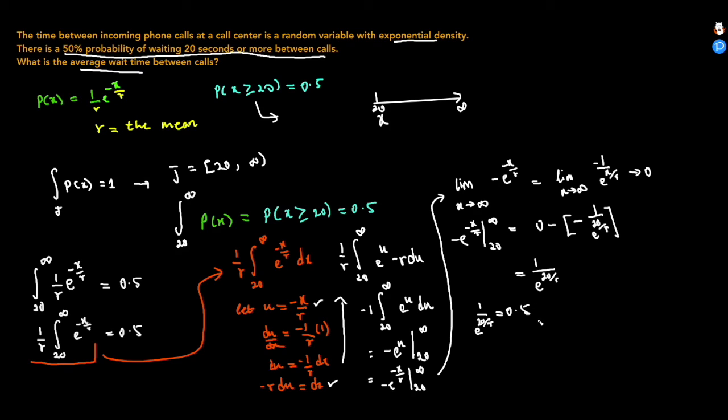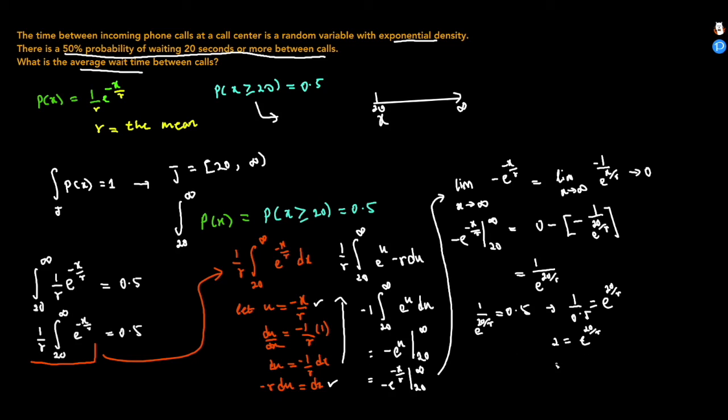And then all we have to do is simply solve this for r. We can do the algebra. So 1 over 0.5 equals e to the 20 over r, which becomes 2, so 2 equals e to the 20 over r.